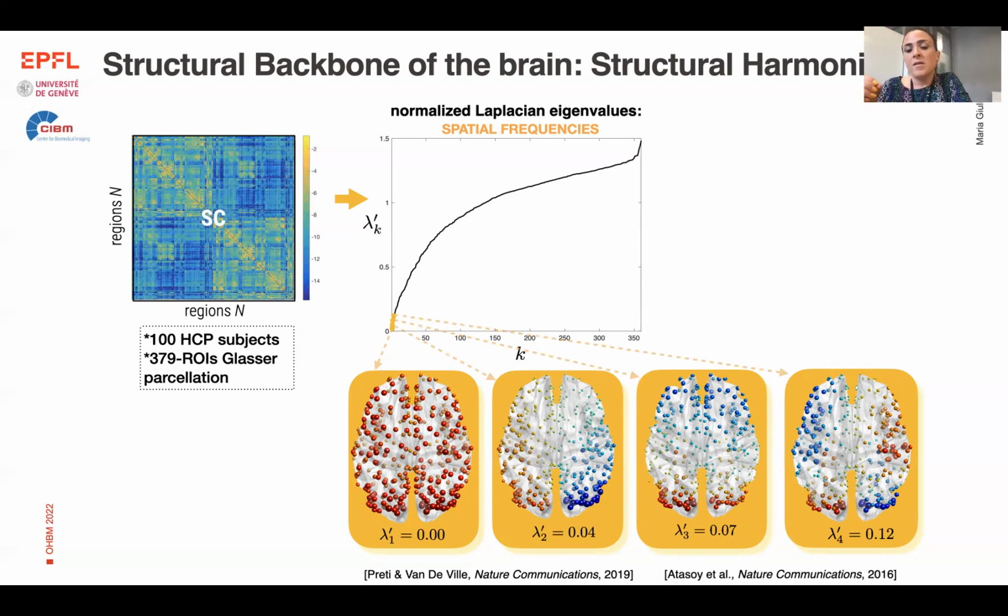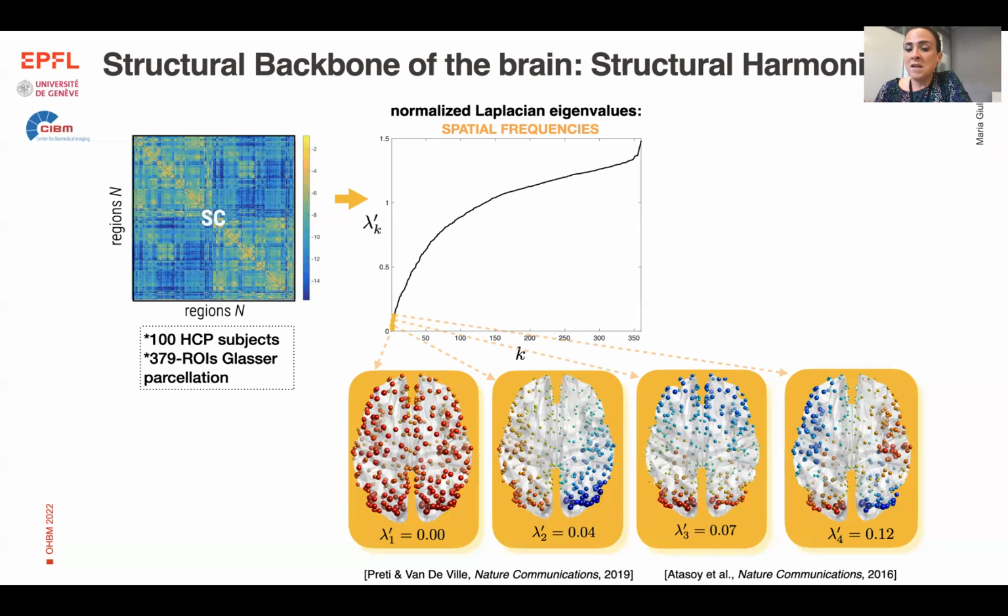In particular, regions that are strongly connected in the structural connectome will end up having very similar values in these patterns, in the structural harmonics. So you see that these patterns capture the main axes of variation in the structural connectome, for example, left to right, anterior to posterior, and combinations of those. But for sure, what we can say is that by construction, these patterns are very coupled with the structural connectome.